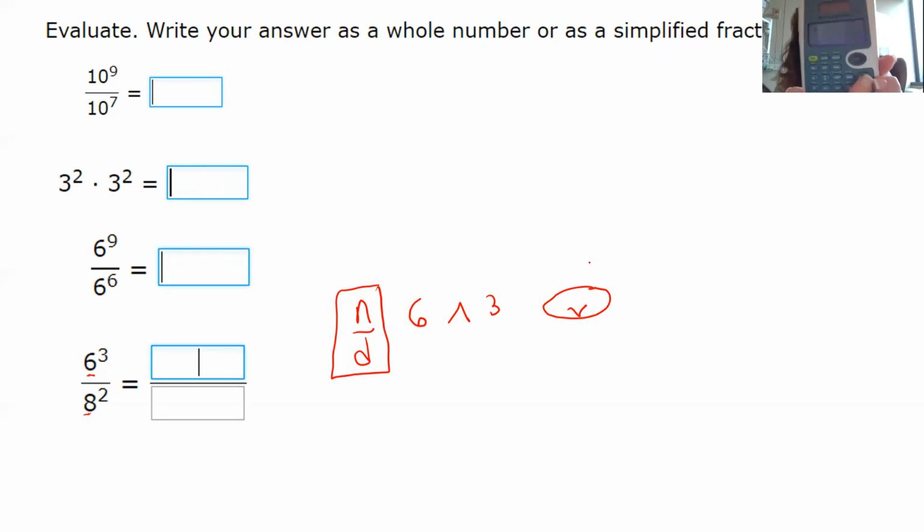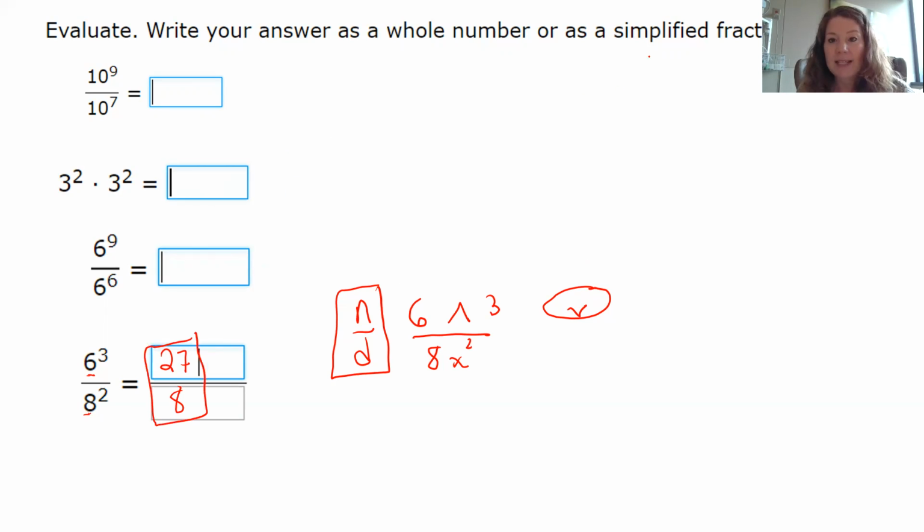This one helps me move the toggle button. On the bottom, I'm going to say 8 squared in the denominator. So 6 caret 3, go down, 8 squared. And my calculator tells me my answer is 27 over 8. And that is simplified, and that's what it asks for, a simplified fraction.